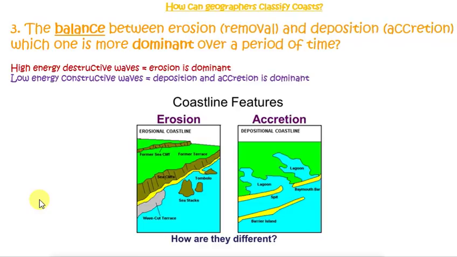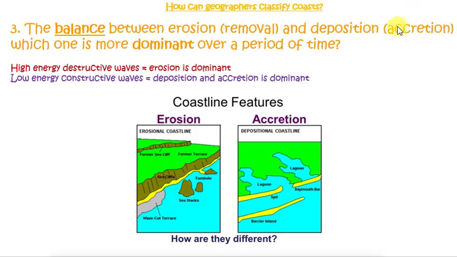The third way we can classify coasts is by the dominant process. The previous three slides, energy and geology, are inputs into the coastal system. The third one classifies the coast by the dominant process. So it's the balance between erosion of material, which is the removal of it, versus deposition.